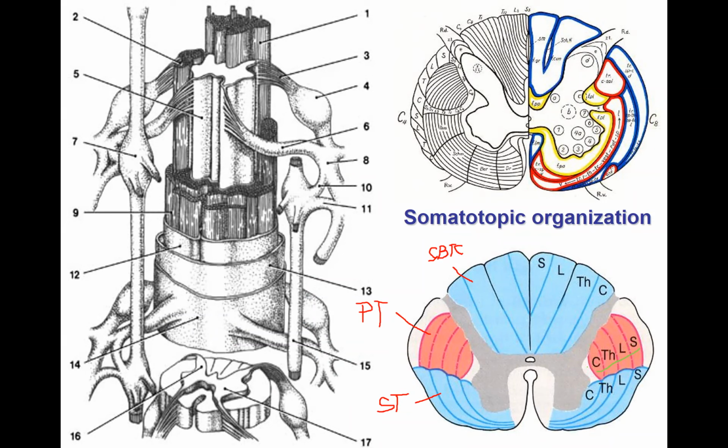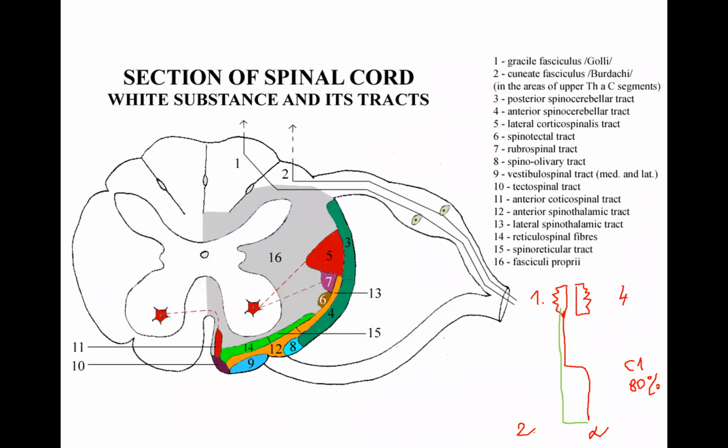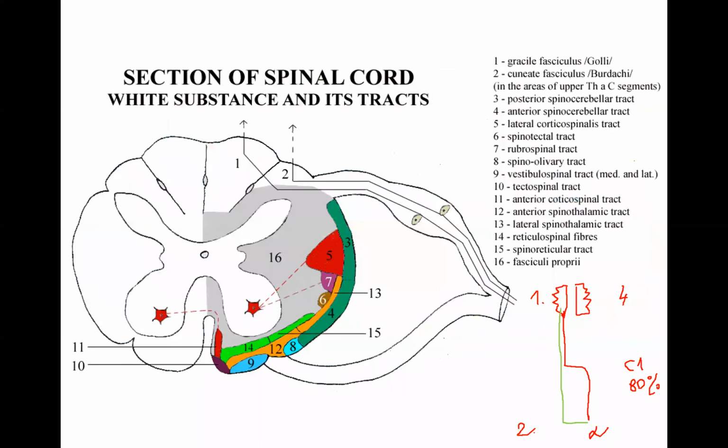So this we call the somatotopic arrangement or organization, and we can see the same here, both in gray matter in the anterior horn and in white matter as well. So you have the cervical, thoracic, lumbar, and sacral fibers. So that's the first tract.